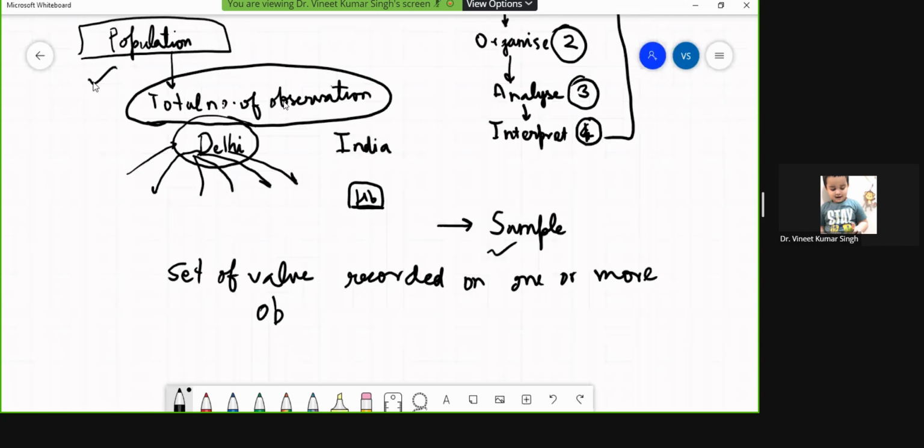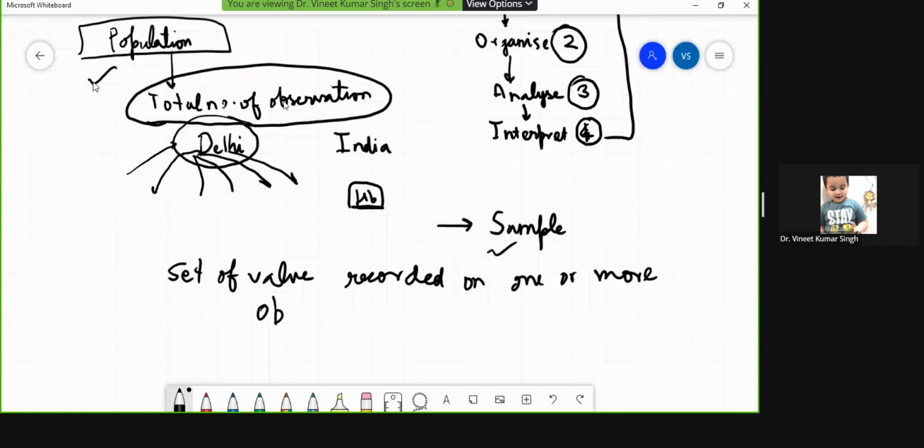Any value that has maximum frequency is a mode. Okay, so by using these three methods, we can find out one central value, one value that represents the entire data set. Okay, so this is known as measures of central tendency. एक ही value मिलती है इससे.